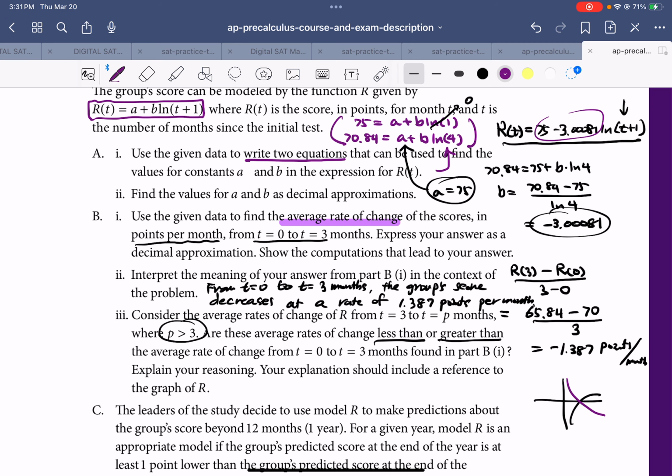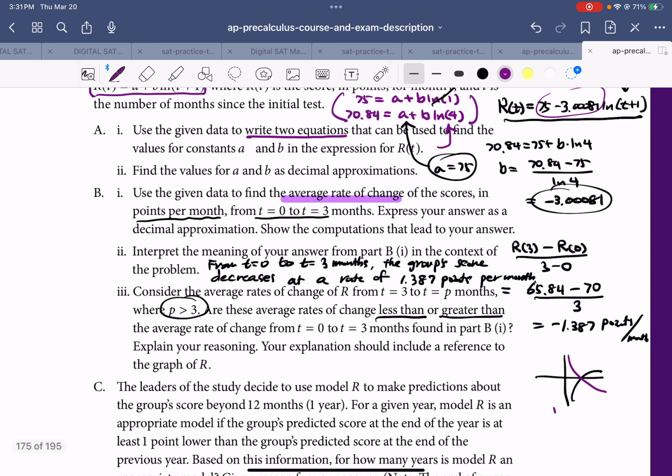So from 75 here, it goes down, and let's say this one is 3, and this one here is the p value.